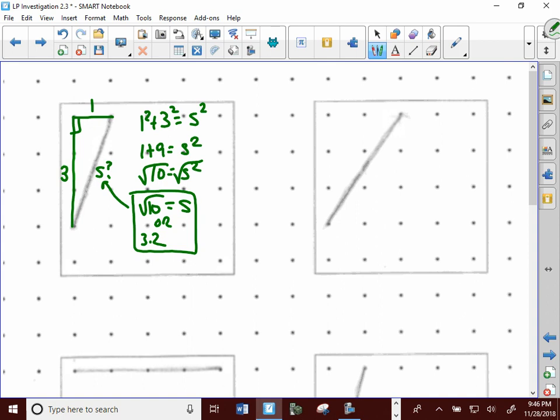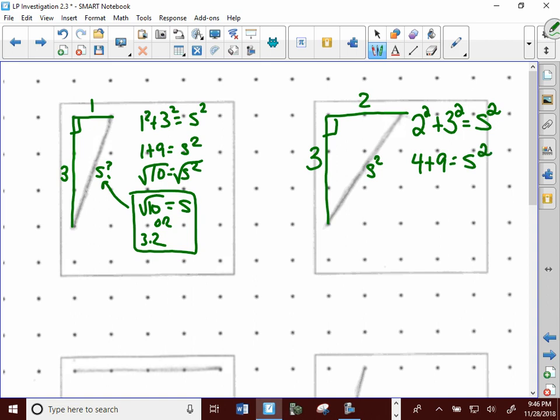Now, if we go to the other one, looks like it's a little bit longer. Because when I make my right triangle, one side length is 2, the other one is 3. So again, I'm trying to find my missing side. I got 2 squared plus 3 squared equals our missing side squared. 2 squared is 4, 3 squared is 9, and 4 plus 9 is 13.